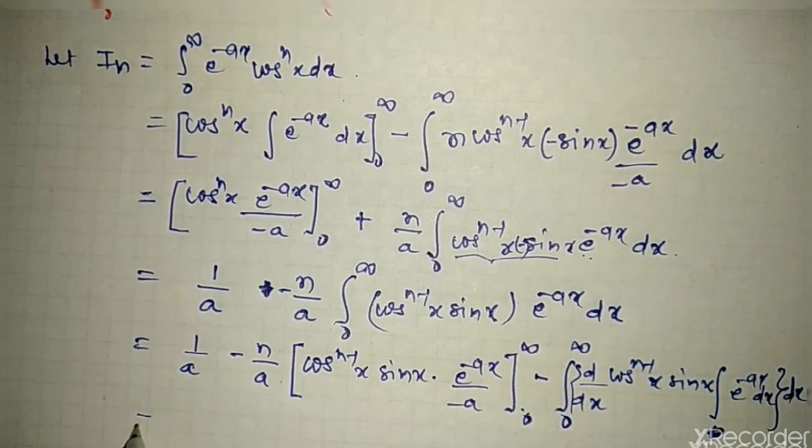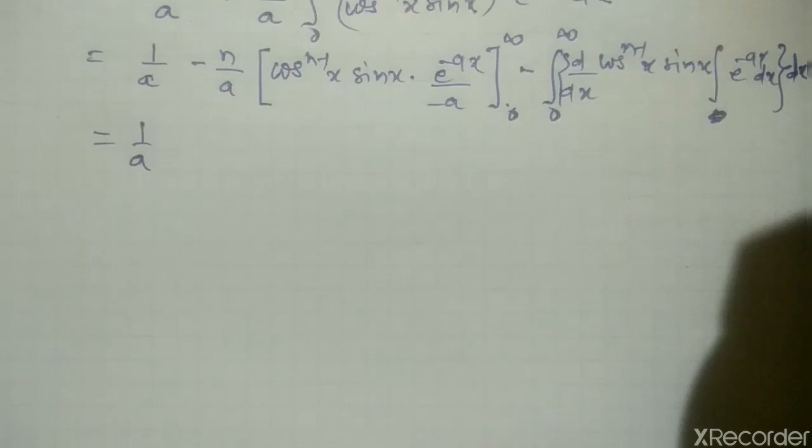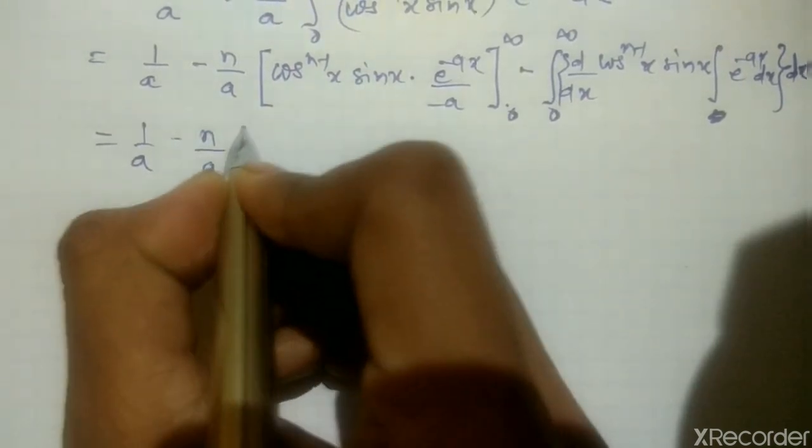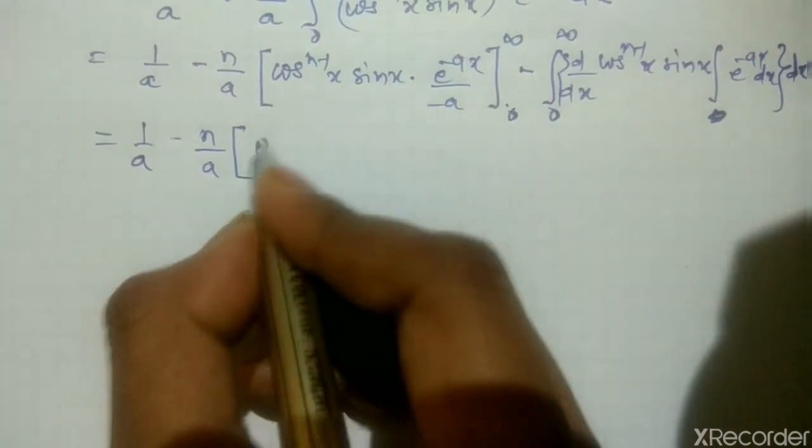So on integration we get 1 by a minus n by a, and here we again get the value 0.